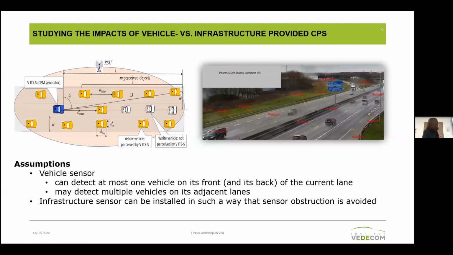For that, we need some assumptions. For the vehicle, we say it will have obstruction issues. On the same lane, it can detect only the vehicle right in front of it or behind it. But on the parallel lanes, it can maybe detect several vehicles, and we are interested in how many. For the roadside unit, we say it can be installed in such a way that there is not much obstruction issue.